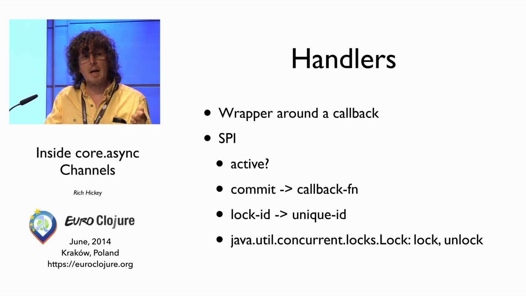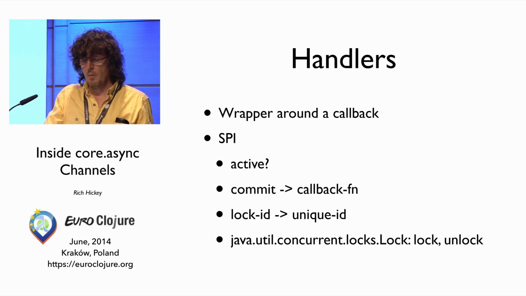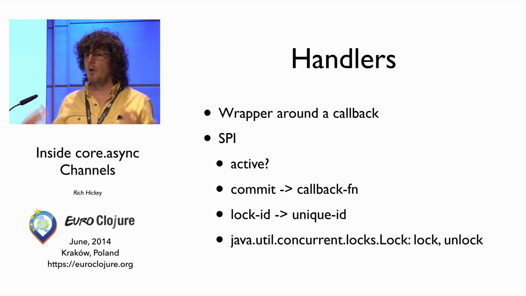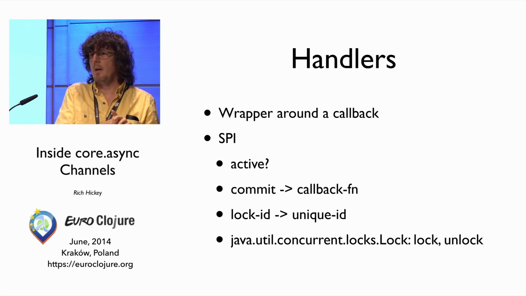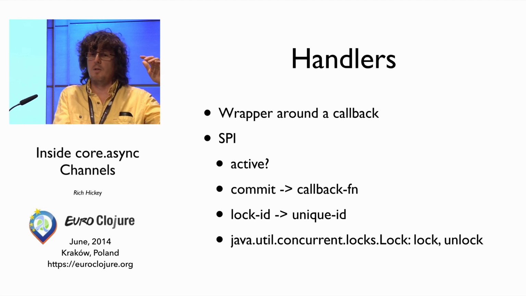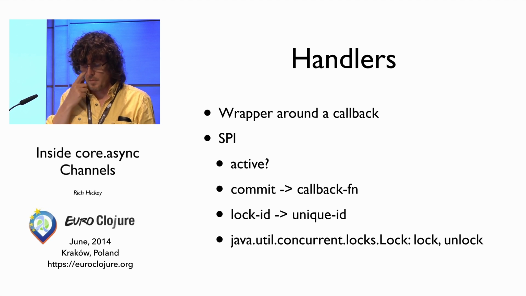And so the active flag is a way to say, I'm no longer viable to commit. We have this commit function, and the commit function takes a handler and just returns the callback. It also simultaneously does whatever's necessary to make sure that if it's one of a set of operations, it's the only one that says yes to commit. So it's just a way to get the callback function out.